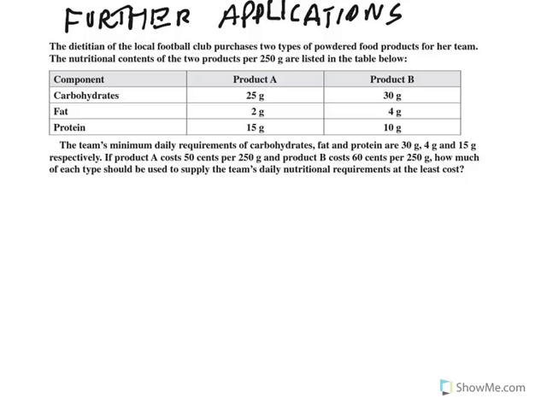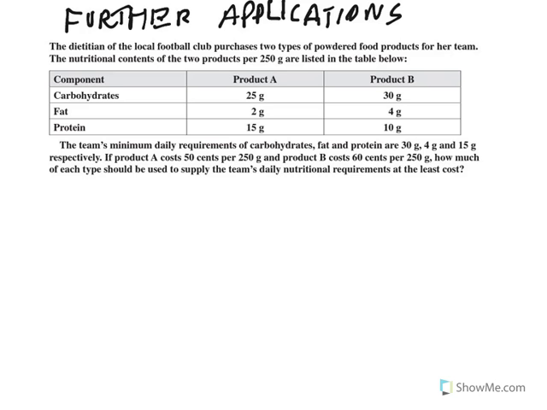Okay, today we're looking at some more applications of linear programming, some of it a little bit more complicated. So here we go: a dietitian in a local football team has two types of powdered food products for her team. The nutritional content of the two products per 250 grams is listed in the table below.